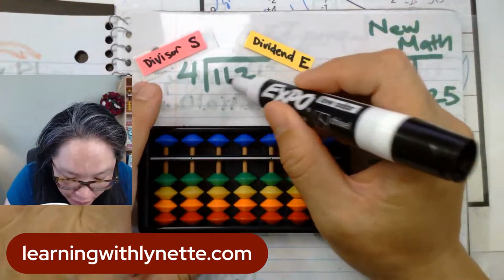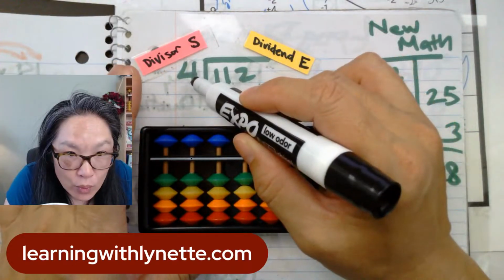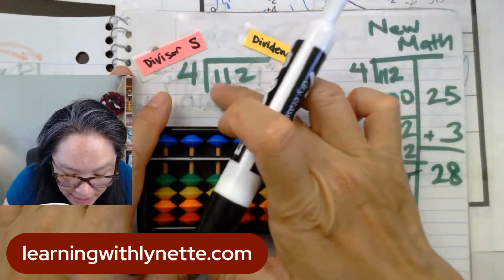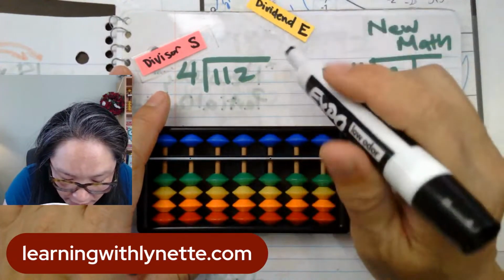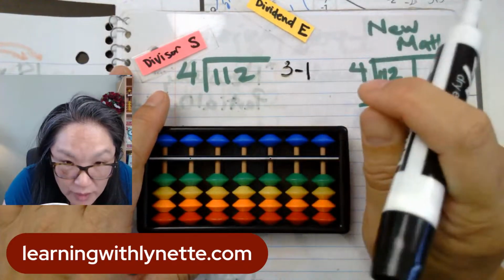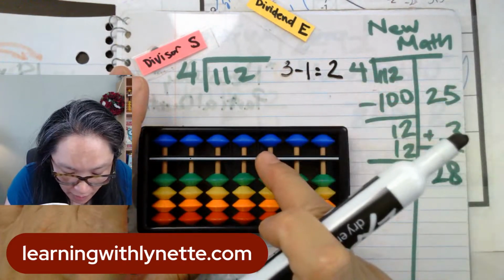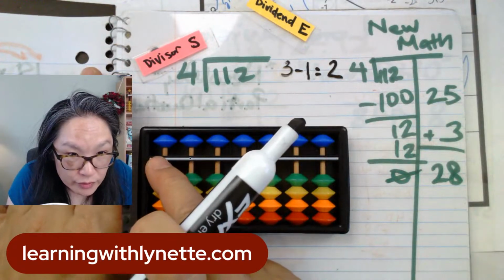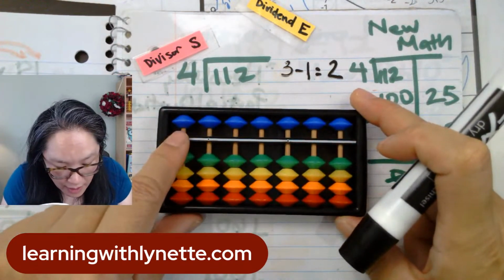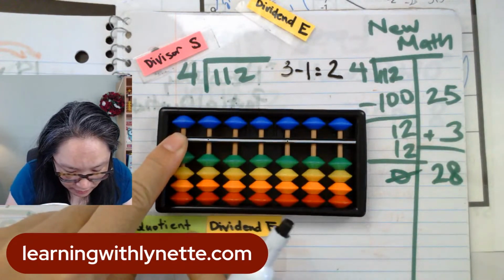We have three digits in the dividend and one in the divisor, so we do 3 minus 1. So we know that our starting point is 2. I'm going to start over here, 1, 2. Because I'm over here, I know my quotient will be here.